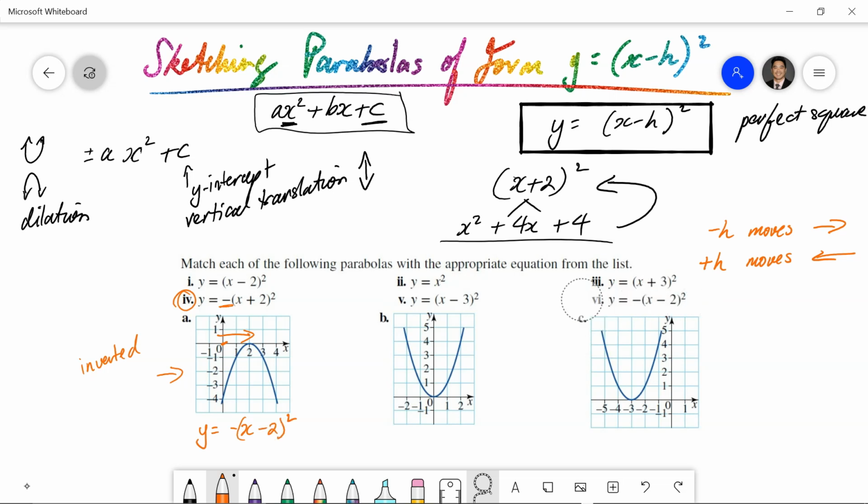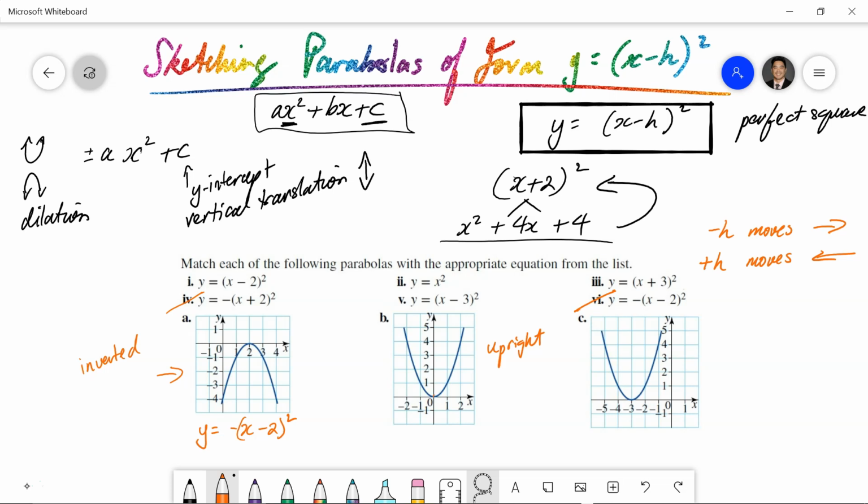Let's look at question number 2, or B. In this case, it is upright, so we can eliminate 4 and 6, obviously, because this is an upright parabola. And has it moved right or left?